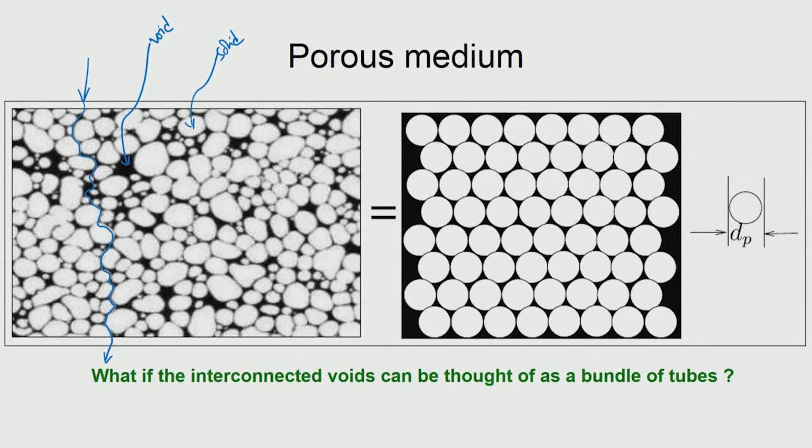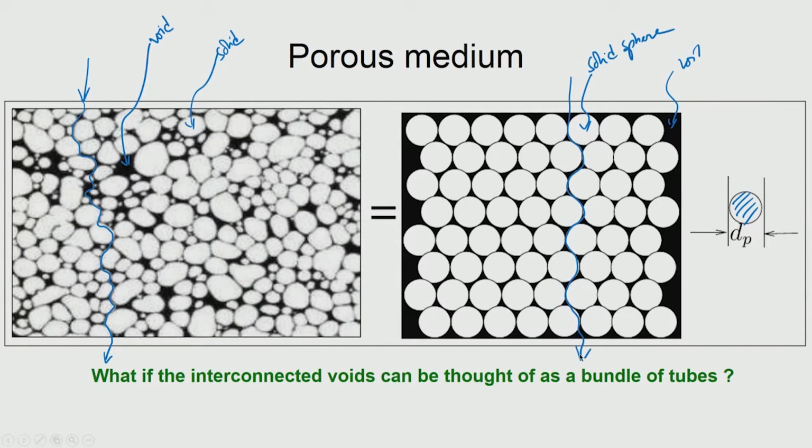Now, it also means that you could also have a bed of spheres, each sphere made of the diameter dp, and the black here is the void, and this is a solid sphere. Then you could also have the situation where fluid can go through the void that is available to go across the porous body. Okay.